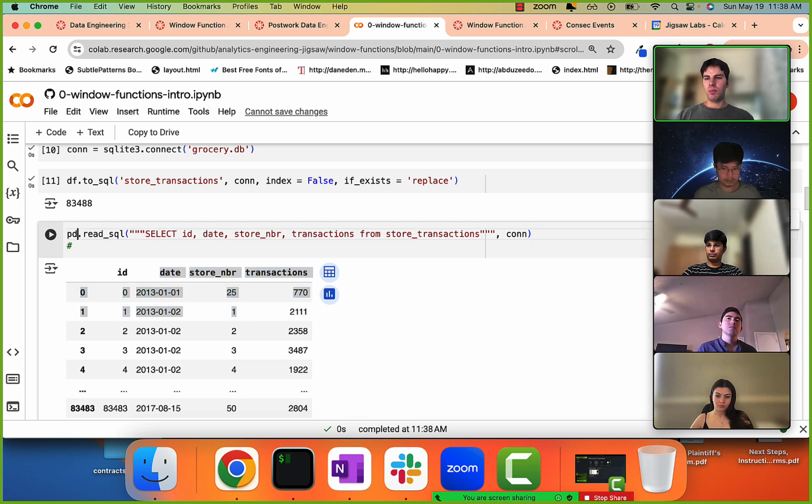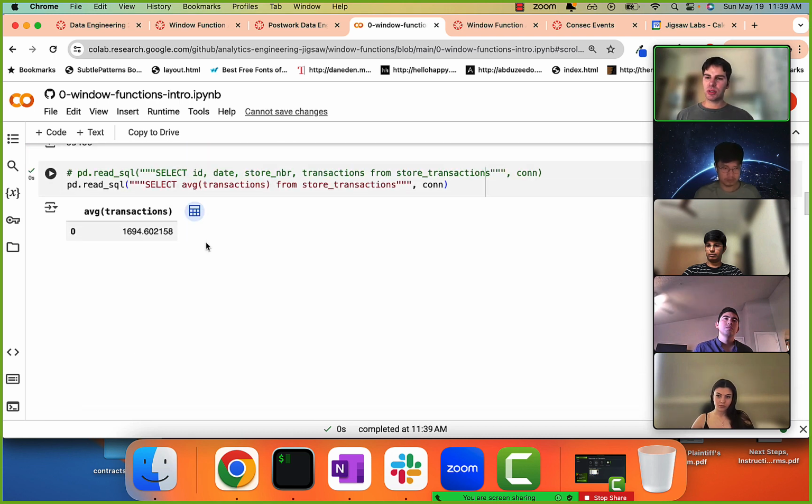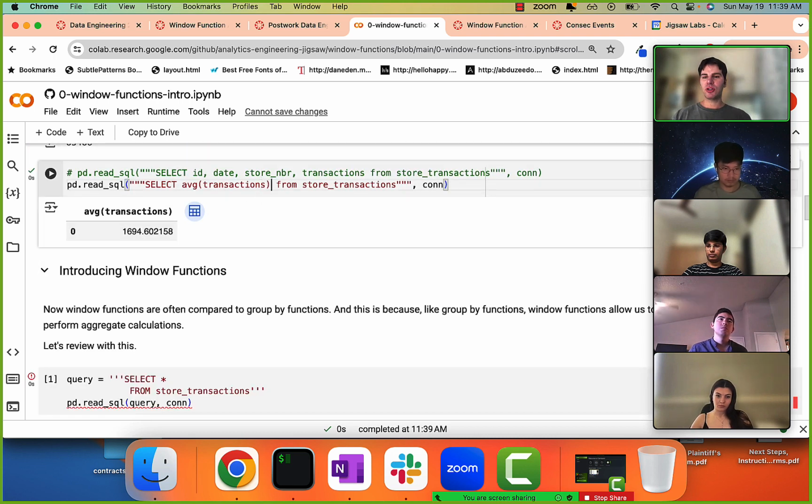So select average transactions from store transactions. How many rows are we going to get back? Just one. This is average transactions per store per day, across all stores, across all days. So the average is, I guess, 1694.